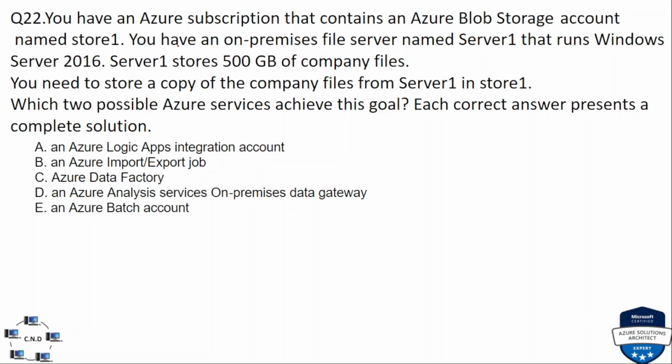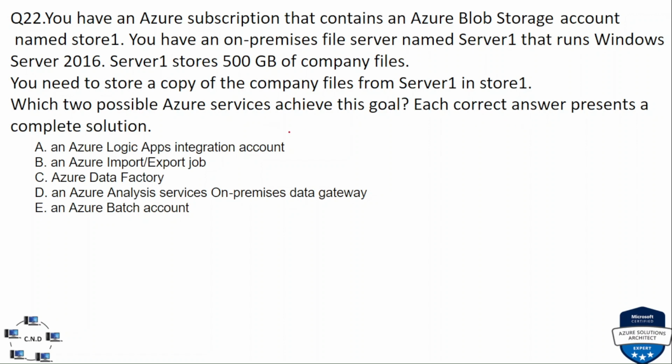Question number 22 is that you have an Azure subscription that contains an Azure Blob storage account named Store1. You have an on-premises file server named Server1 that runs Windows Server 2016. Server1 stores 500 GB of company files. You need to store a copy of the company files from Server1 in Store1. Which two possible Azure services achieve this goal?